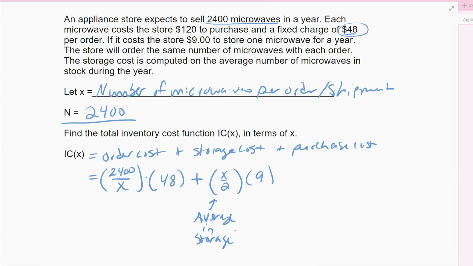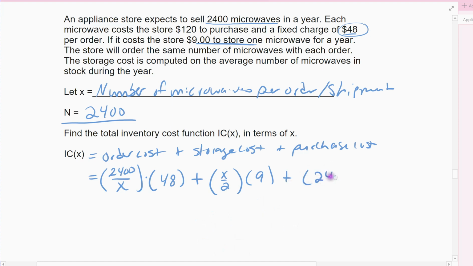On average, you have X items you ordered, and half of those will be in storage. Then that's your storage cost per item, $9 to store each one of the microwaves. So on average, you have X divided by 2 of them in storage, and each one costs $9 to store.